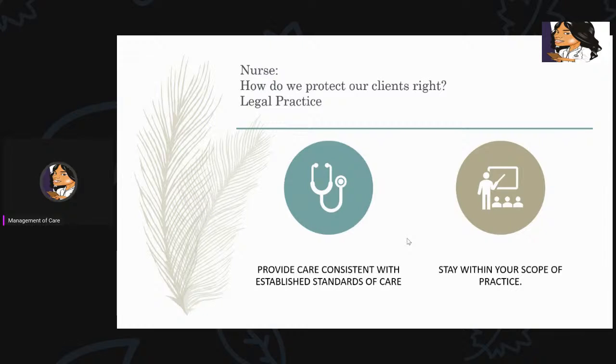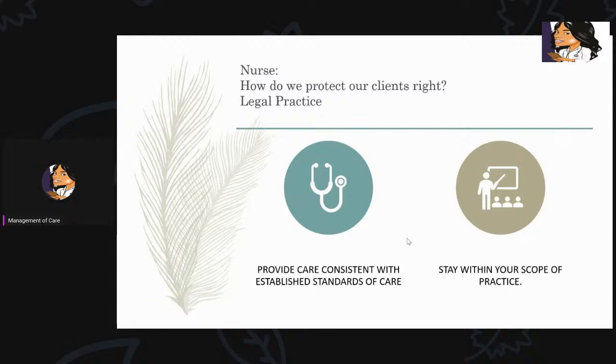Things happen, but as long as you are within the standards of care, you're covered. And stay within your scope of practice. That's a big deal, especially when it comes to interpreters. Stay within your scope of practice. And informed consent, stay within your scope of practice.